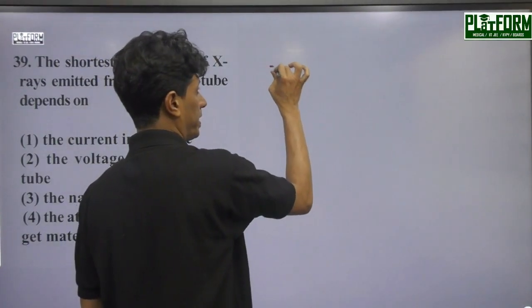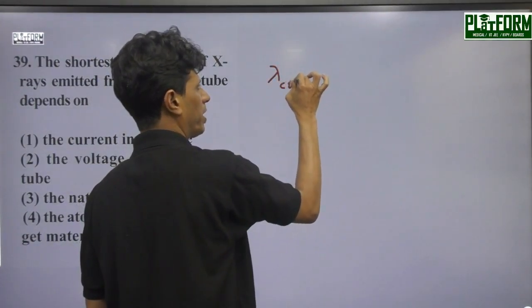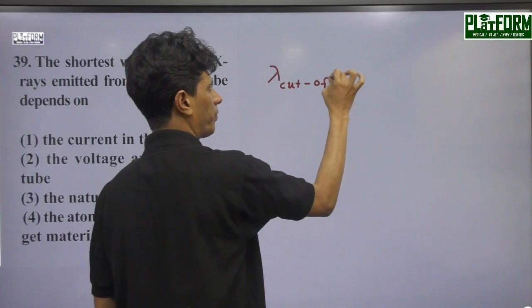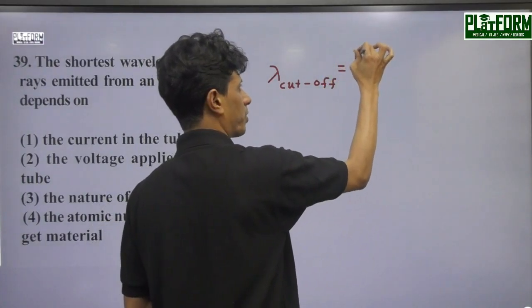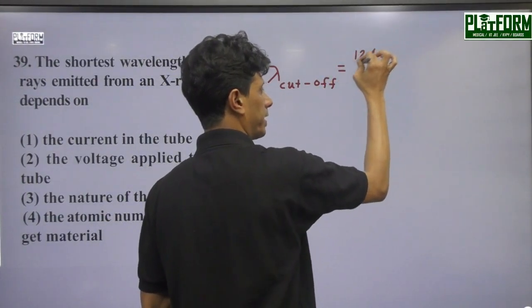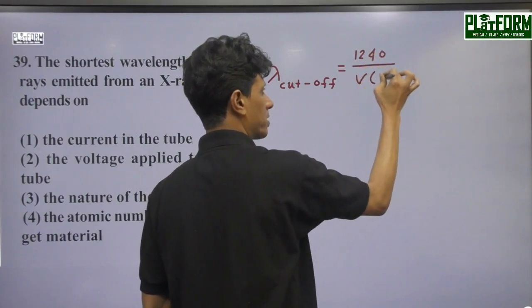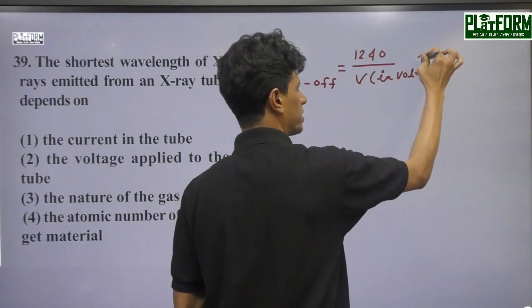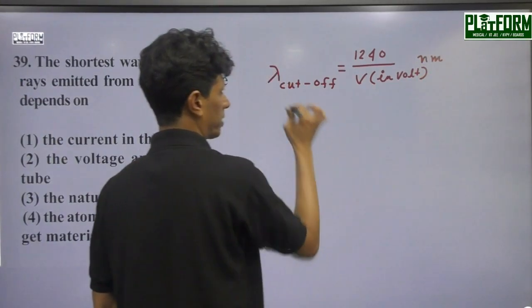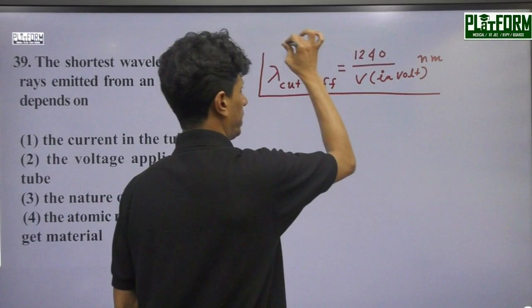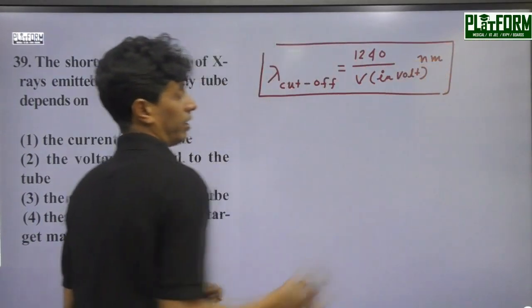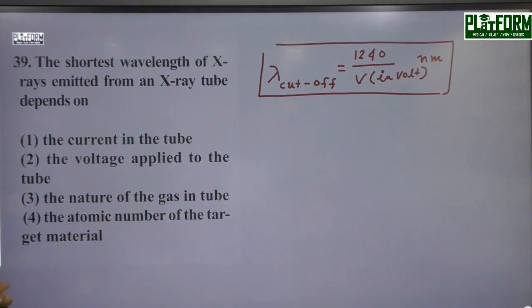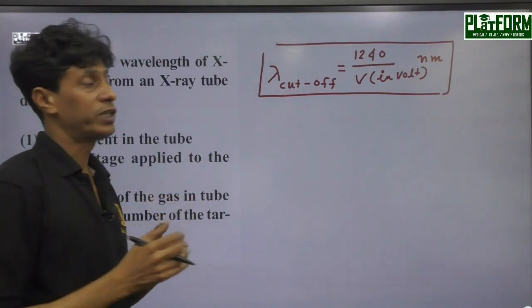Already I discussed lambda cutoff in the previous problem. It is in volt, V in volt, and this is in nanometer, and V is the potential difference applied across the Coolidge tube.